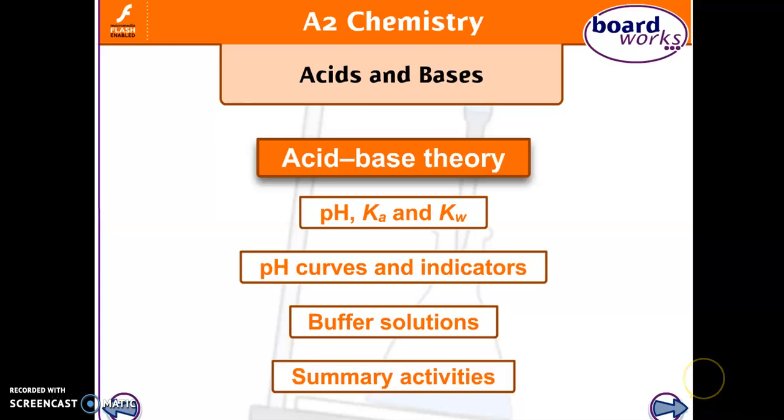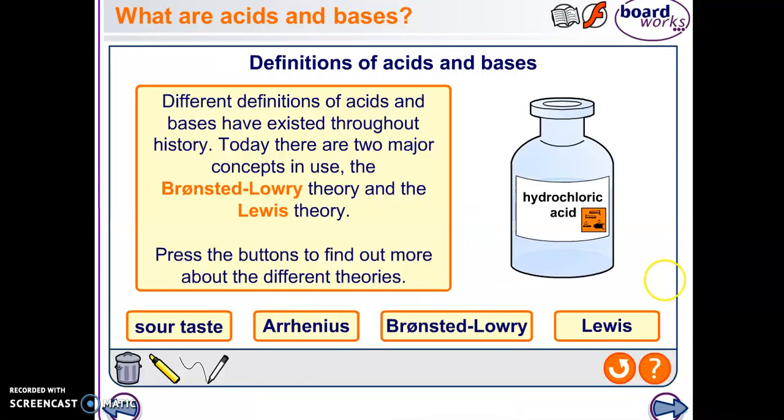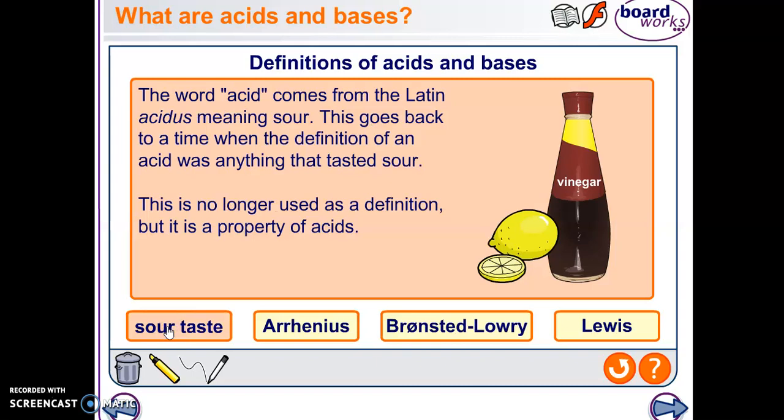This acid-base theory depends on different concepts. The very basic concept depends on the taste of substance. For example, acids are those substances which are sour to taste. The word comes from the Latin word acidus, which means sour.